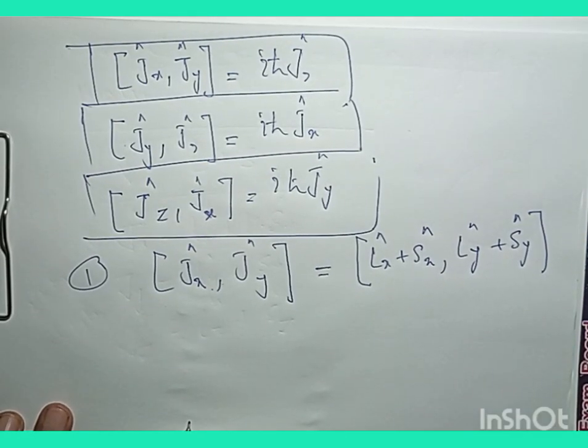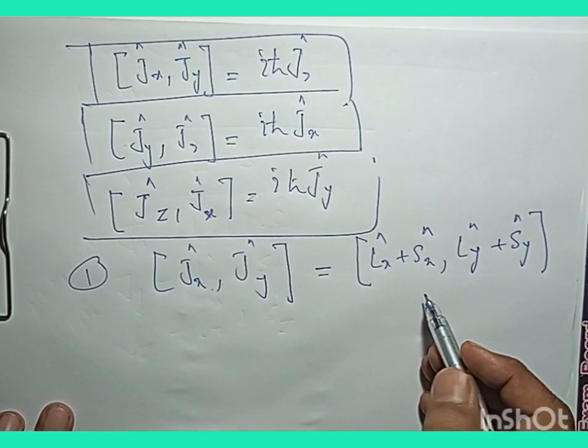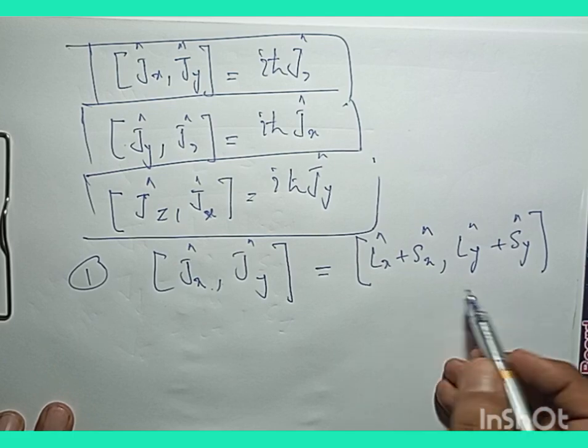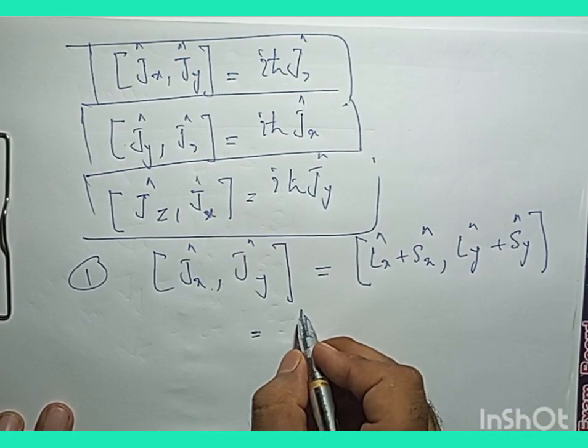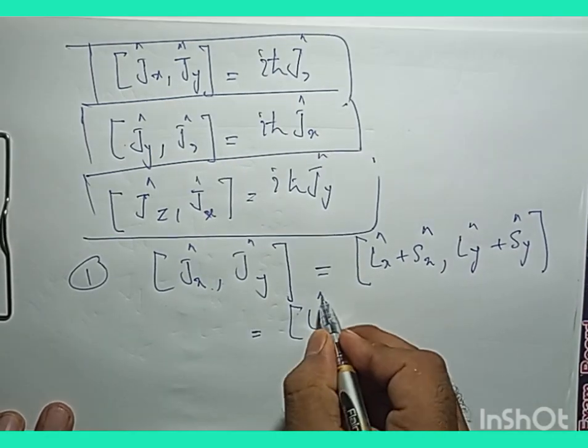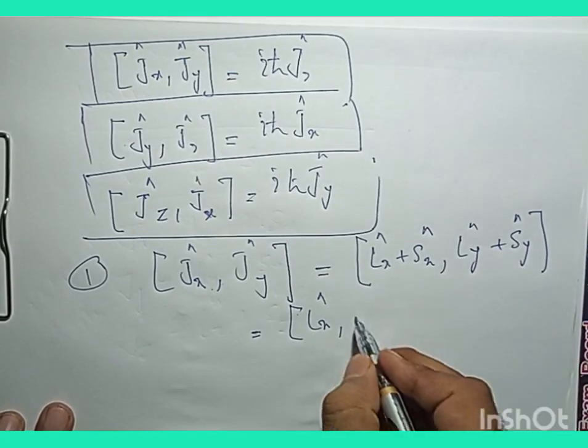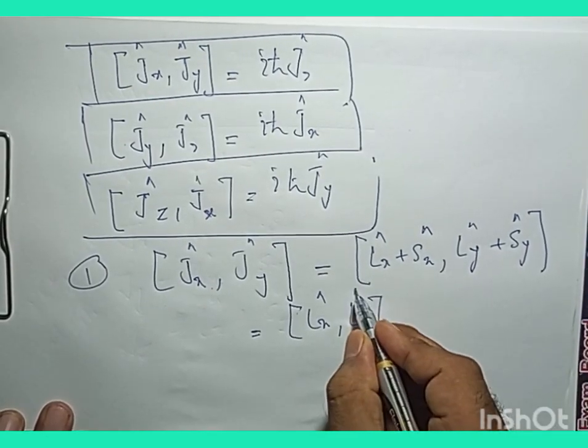And we can use the properties of commutators, which are purely algebraic. We will have a commutation between Lx cap and Ly cap, this will be the first commutation.